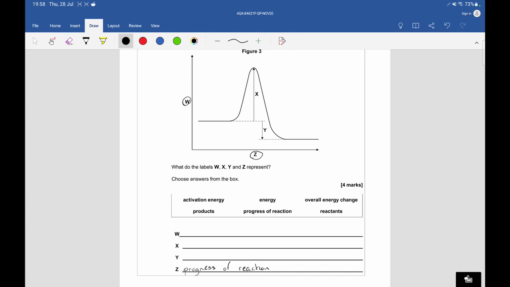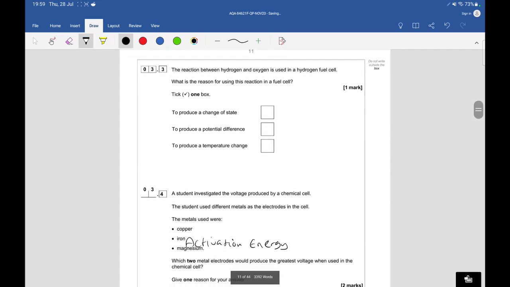You should know that W is the energy. You should know that Y is the overall energy change. And you should be aware that X is the activation energy. These are all things you will have covered when you did this, and you just need to learn about reaction profiles.